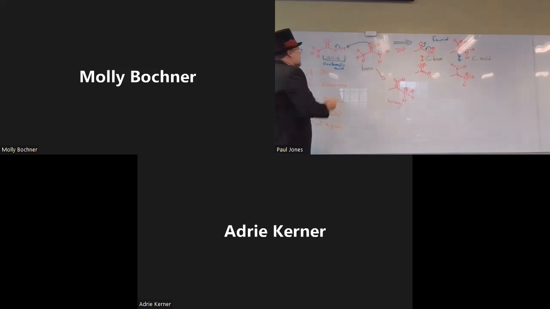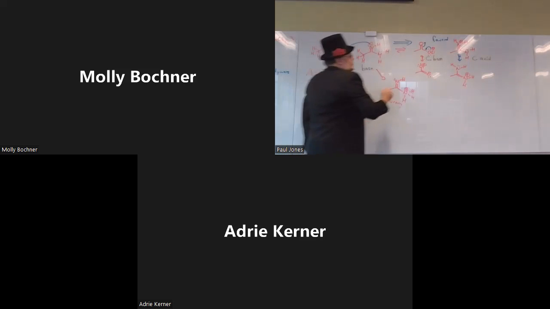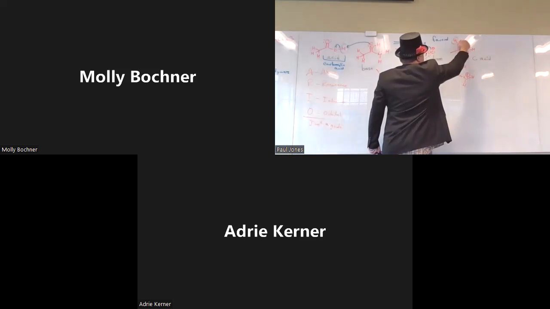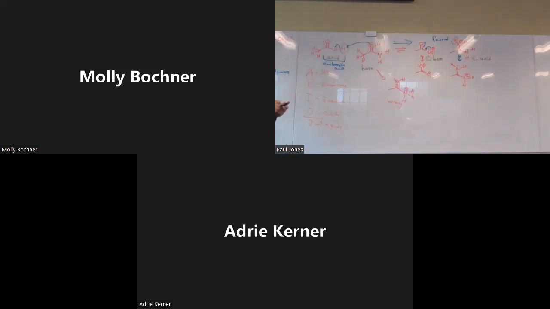So if we're looking at acidic protons, it could be either one of those two, right? We've now got two identical NHs up there, so either one of those could get taken. Now you should be able to come up with a pKa for the two acids. Bases don't have pKa's. The only things that have a pKa are the acids. Anybody recall the pKa of carboxylic acids? 3 and 5.